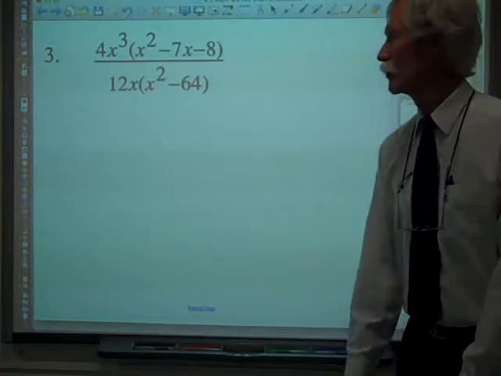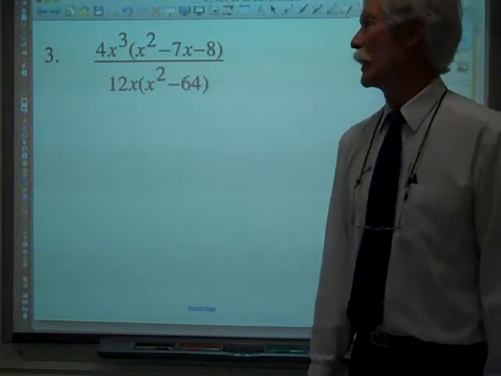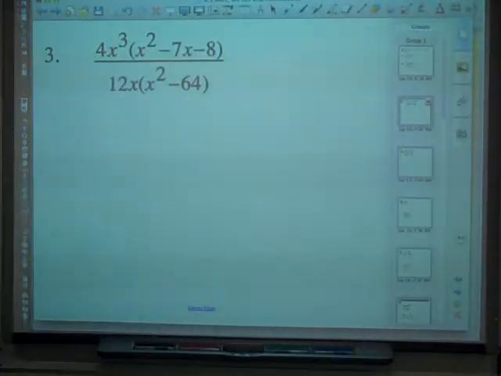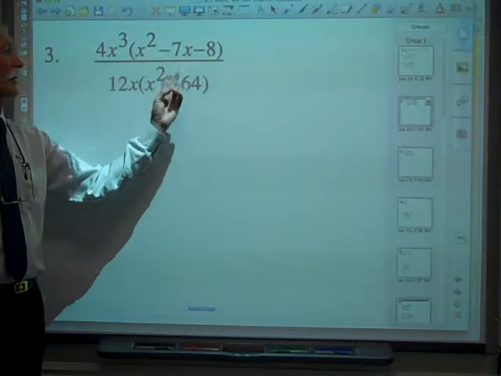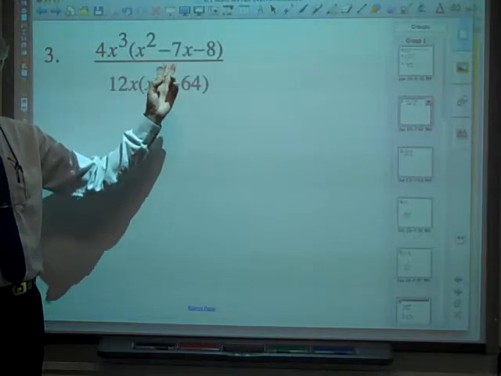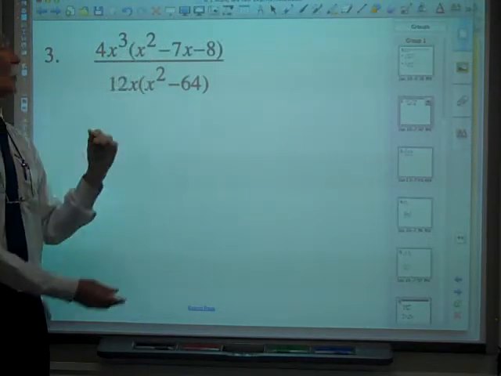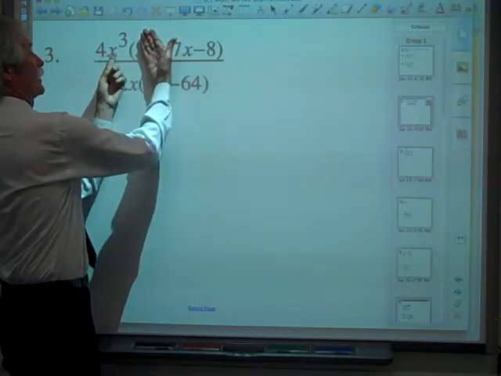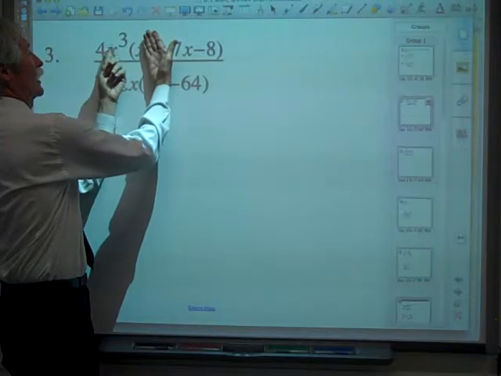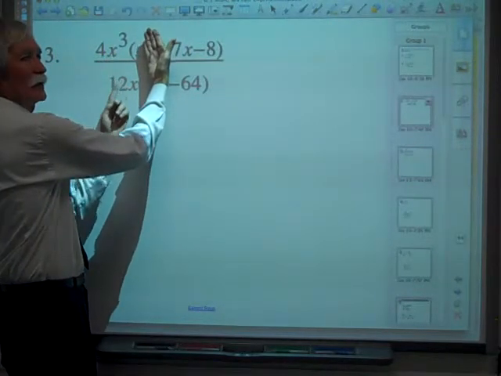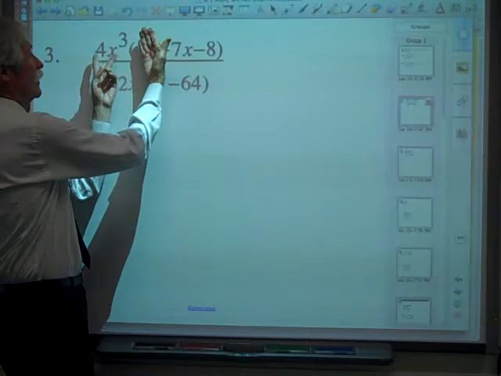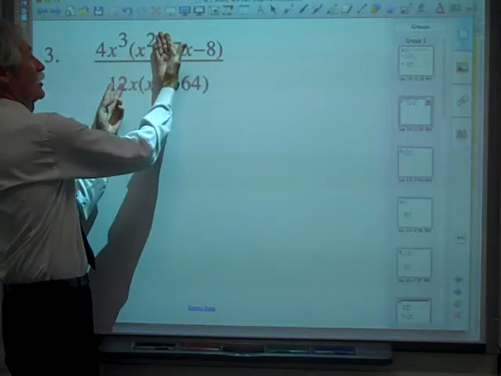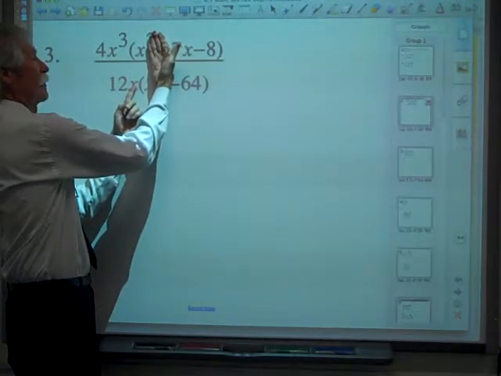So, in this one, factor this, see what big brackets can cancel. What about the guys in the front? Are they multiplying each other so we can cancel those little bits? Are those multiplying, multiplying, multiplying?